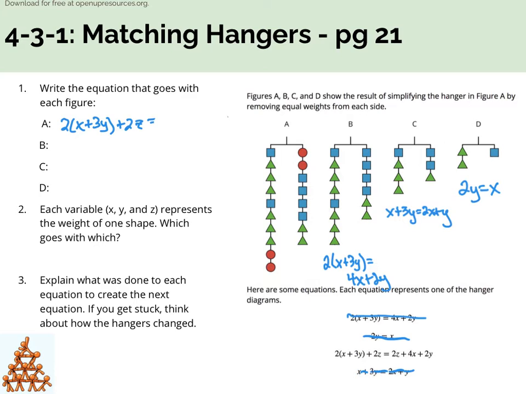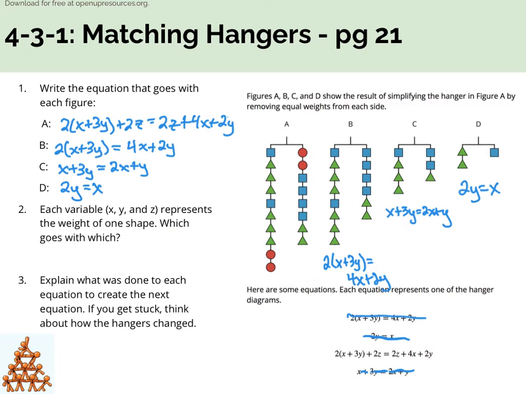On that side is 2z plus 4x plus 2y. And then B was the 2 parentheses x plus 3y equals 4x plus 2y. And then C was the x plus 3y equals 2x plus y. And the last one was 2y equals x.